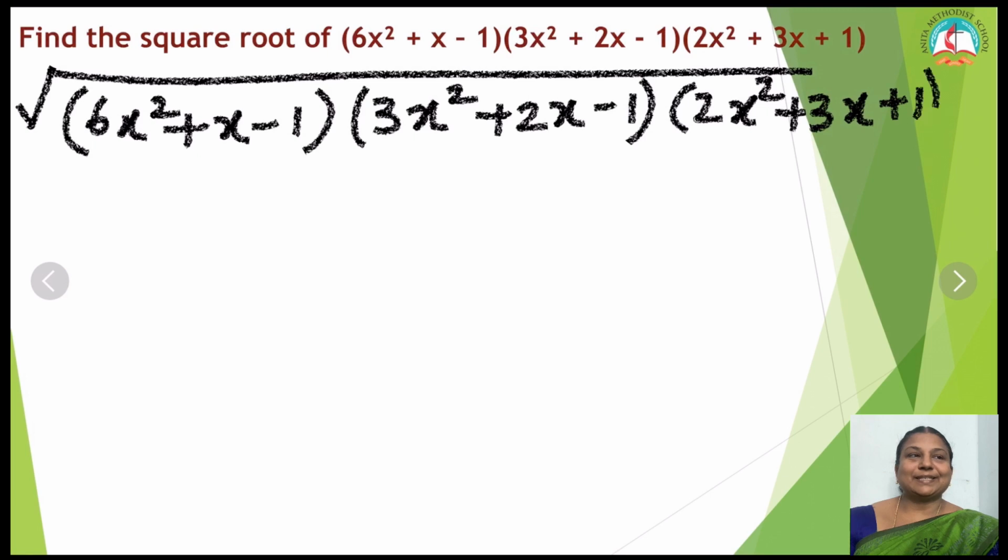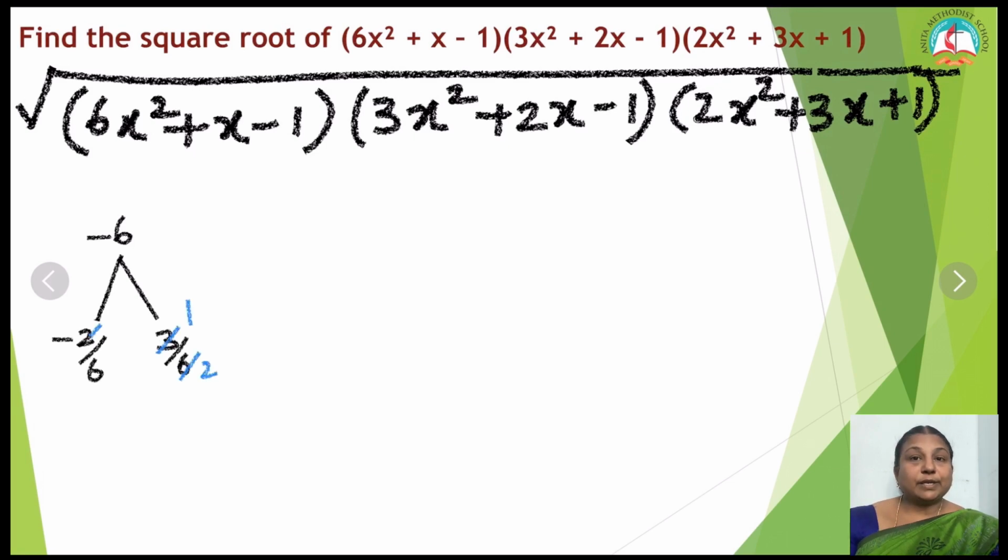Minus 6. I have to split into two numbers, two factors. So I will get minus 2 and 3. Minus 2 into 3 you will get minus 6. And 3 minus 2 you will get 1. Okay.